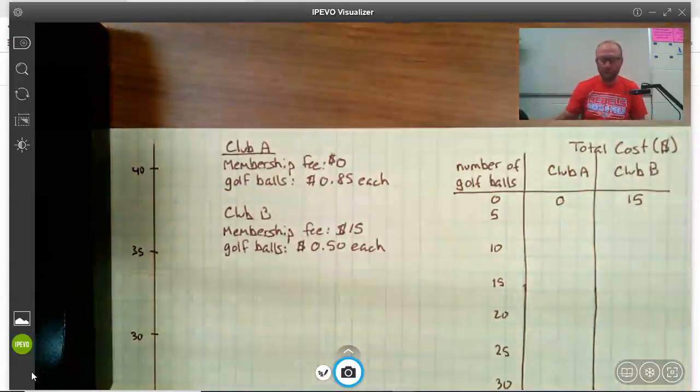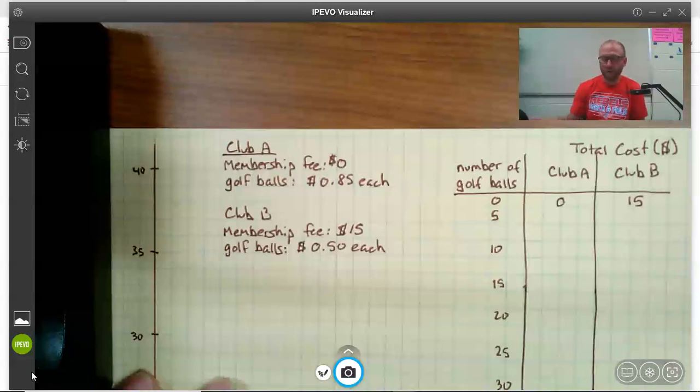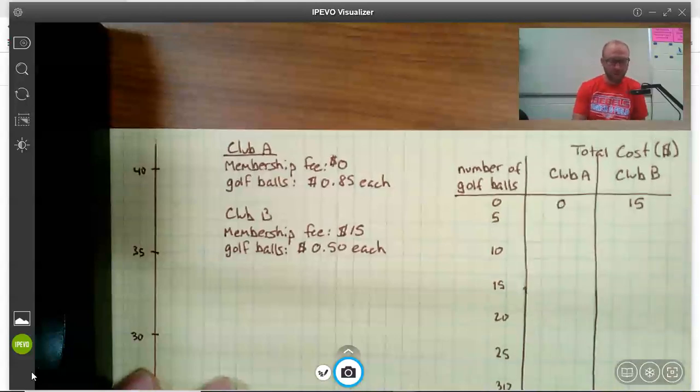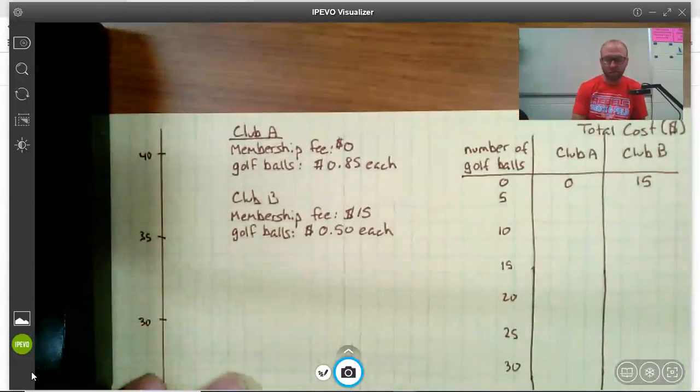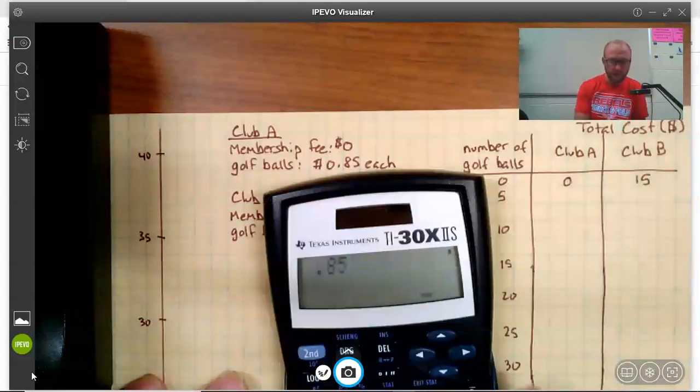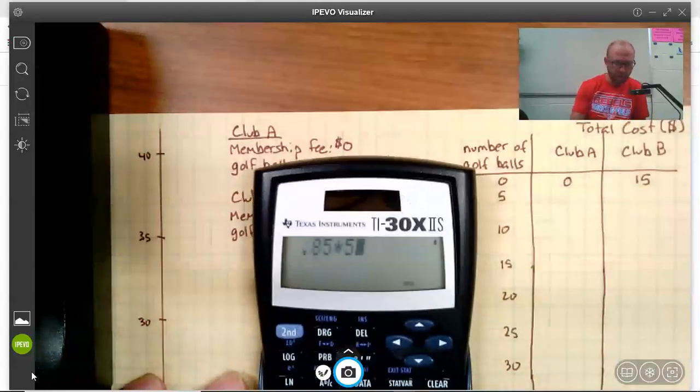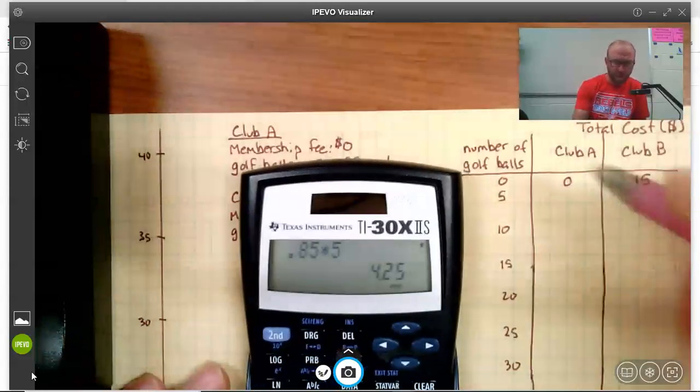First, we'll make a table here of what it costs for golf balls at these different clubs. We're just going to go up by fives. I don't want to list every single golf ball price. So for the first one, 85 cents times 5 gives us $4.25.